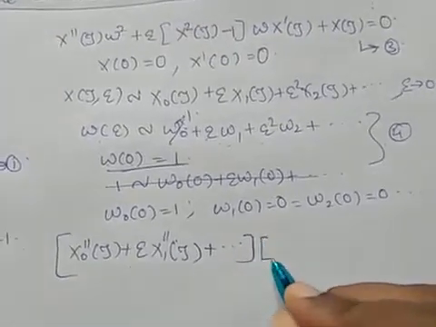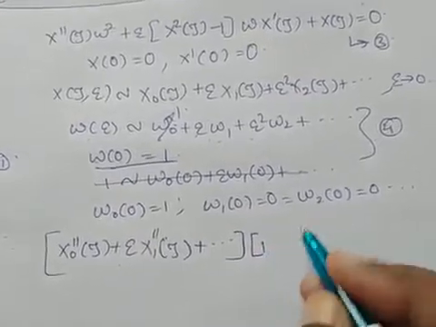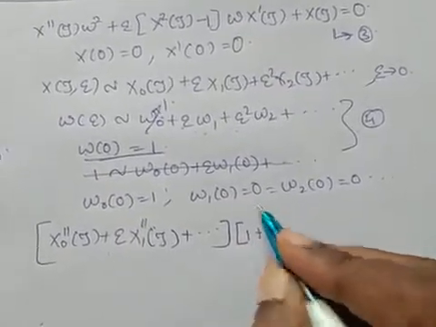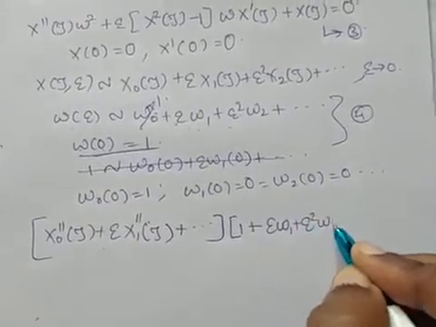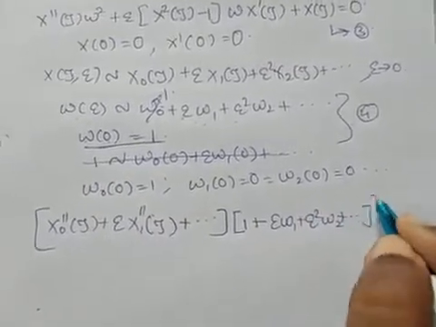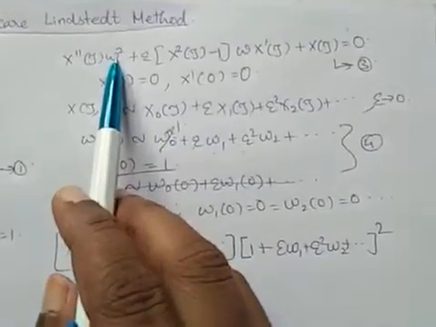We got 1 plus epsilon omega 1 plus epsilon square omega 2 plus etc., whole square. Omega square is there.